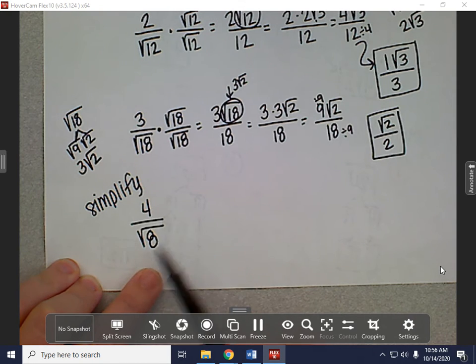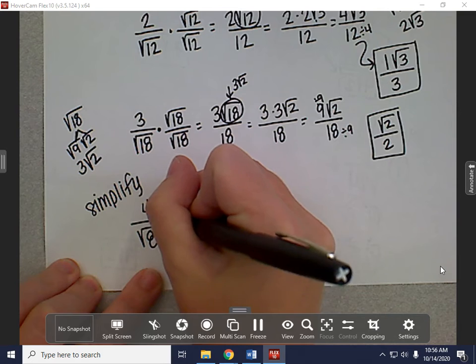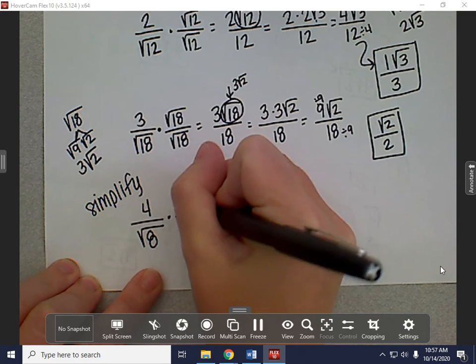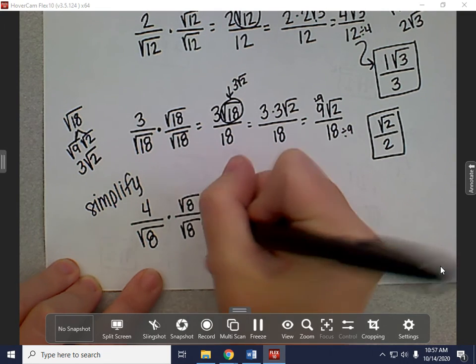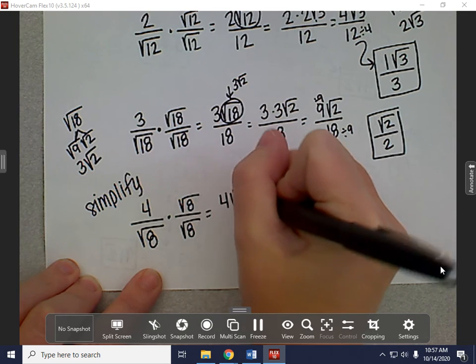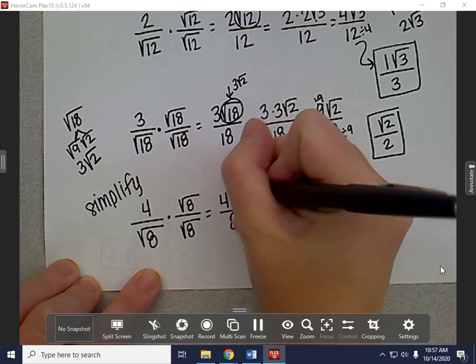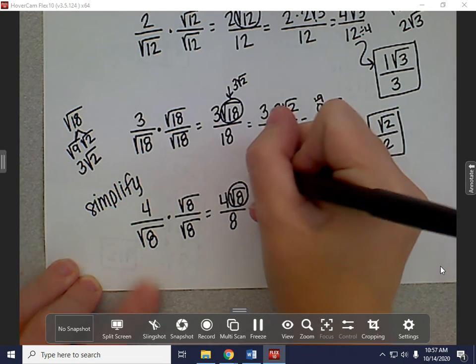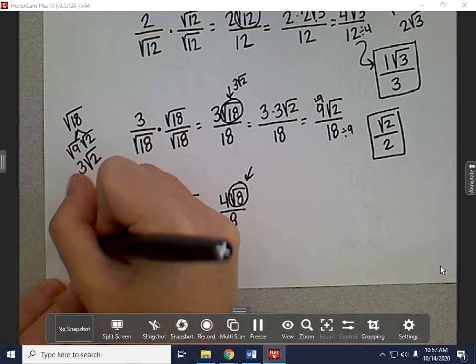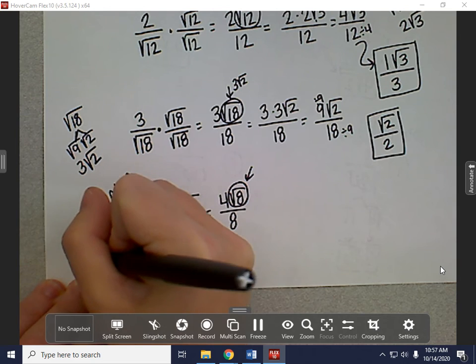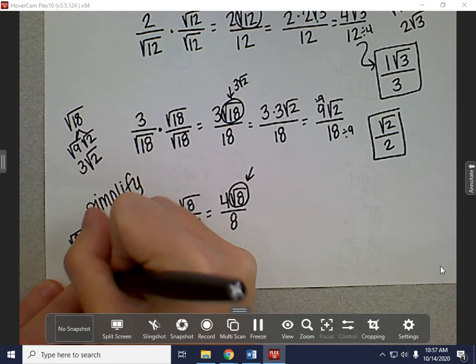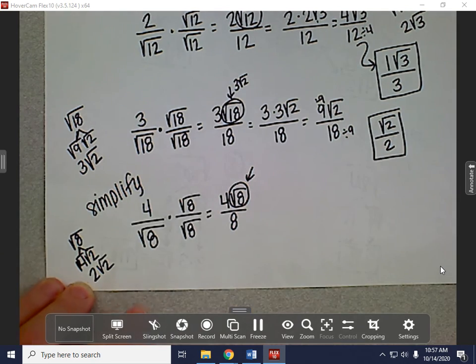So first thing I say is I don't want this radical in the denominator. I'm going to multiply by the square root of 8 over the square root of 8. Go straight across. I get 4 square root of 8 over 8. Great. But I say, wait a second, I can simplify that bad boy. So off to the side, I break it down. And that would simplify to 2 square root of 2.